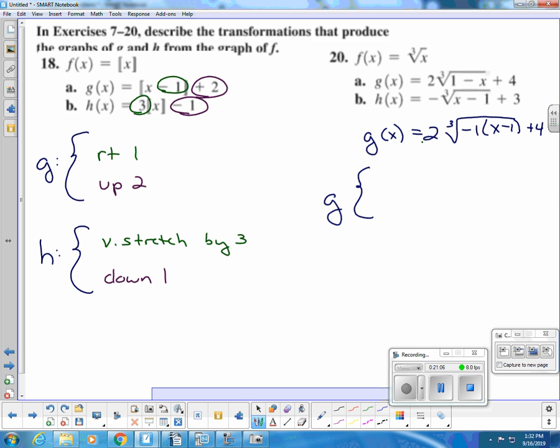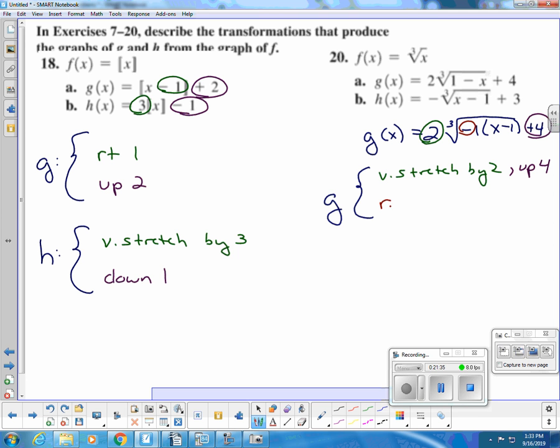So the 2 outside is a vertical stretch by 2. The plus 4 outside is up 4. So those are both vertical things. If you go inside, you're going to do the minus 1 or negative, whichever one you want to think of it as, a what?